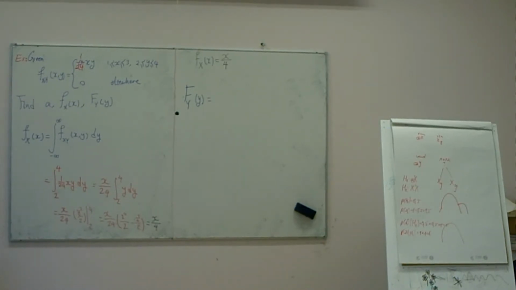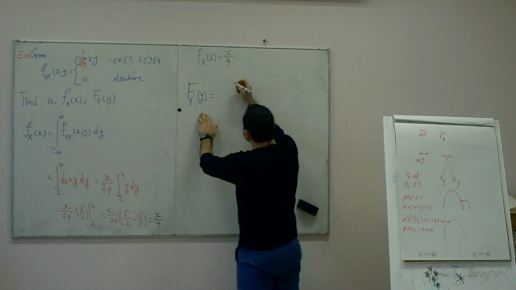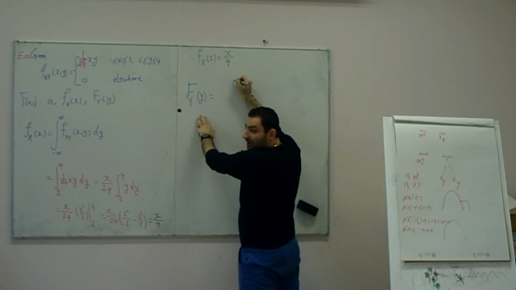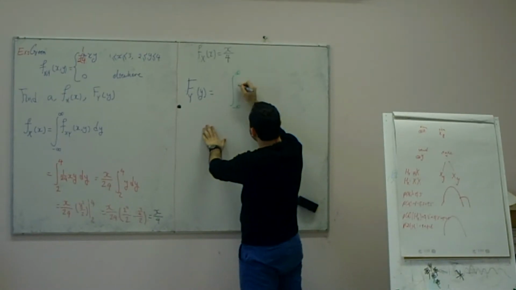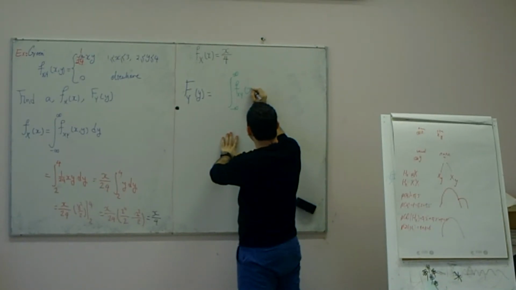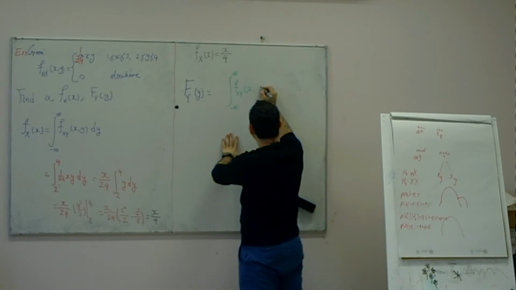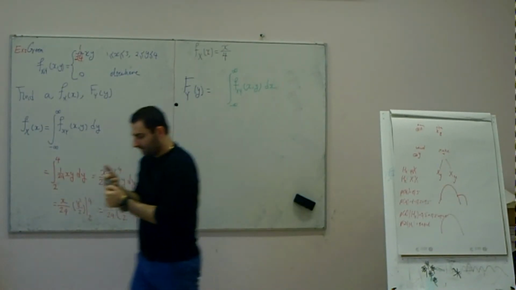What is the marginal probability of y? What is this?